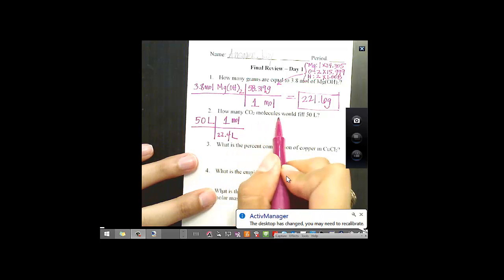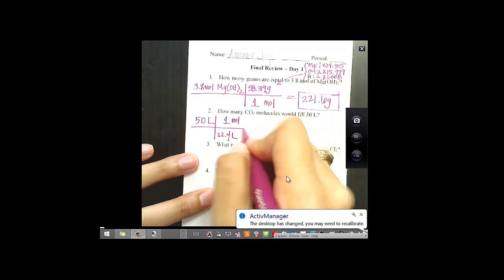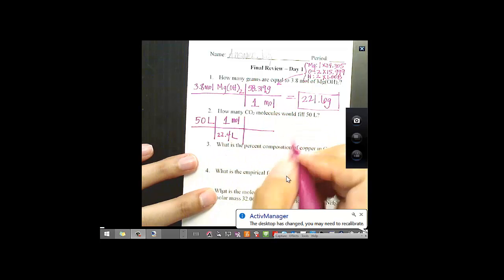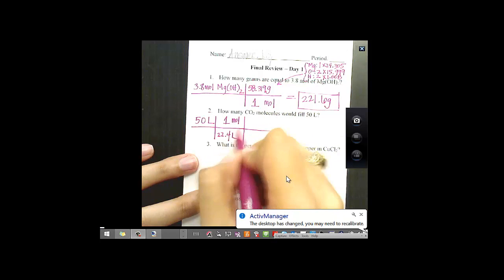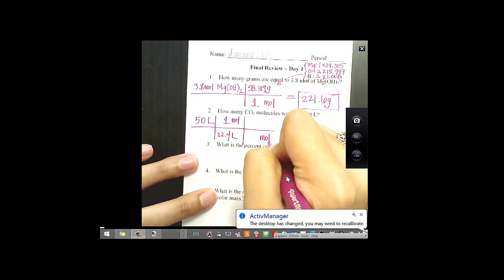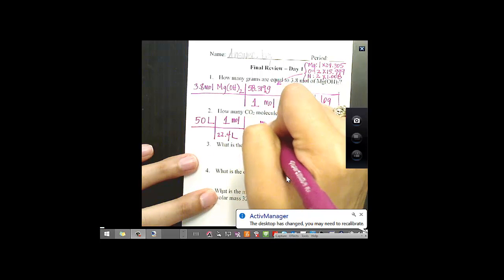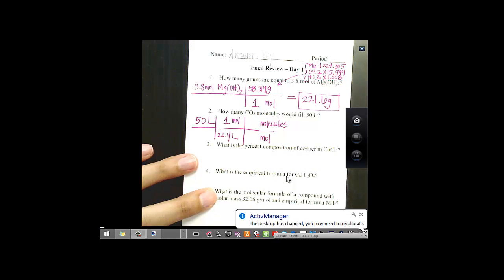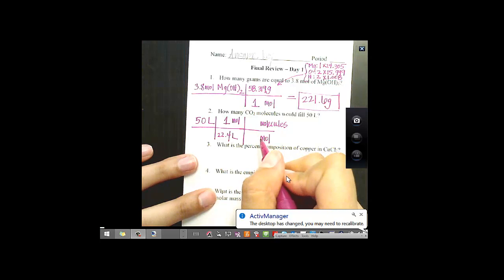But the problem doesn't ask me for moles, it asks me for molecules. So that means this is going to be a 2-step problem where I have to continue. I now have moles, so I need to cancel moles out. And I want to change moles into molecules. So once again, we have to look at our conversions.